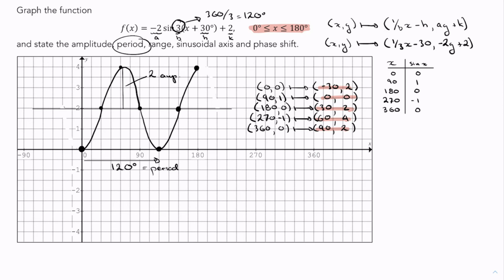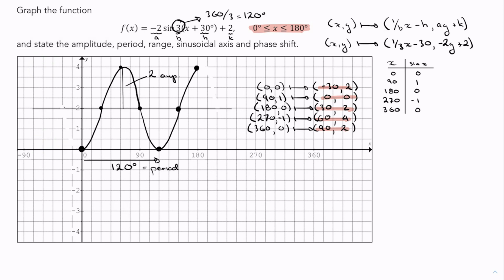The range, my bad, let's focus on that. The range, well, it's everything from 0 all the way up to 4. Okay, everything from 0 to 4. So our range is bounded by that.